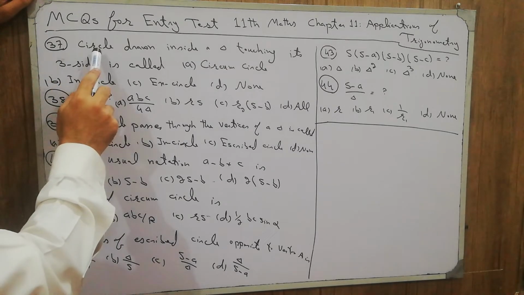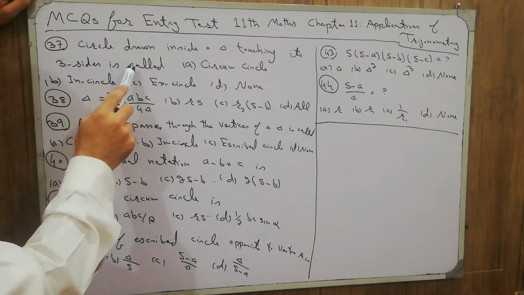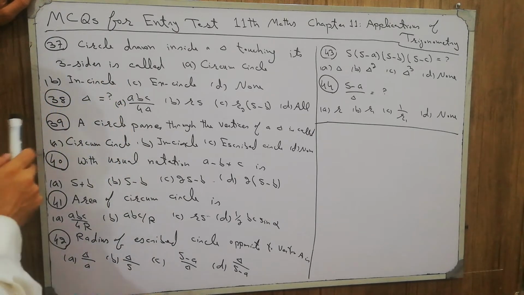37: A circle drawn inside a triangle touching its 3 sides is called. Already discussed this in the previous lecture.